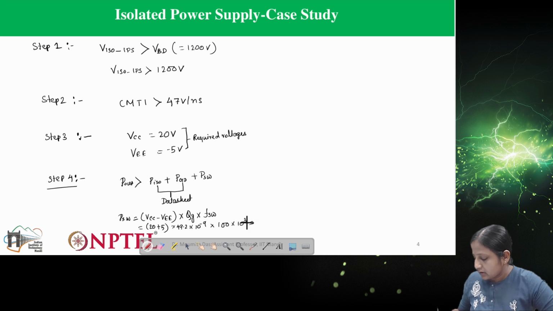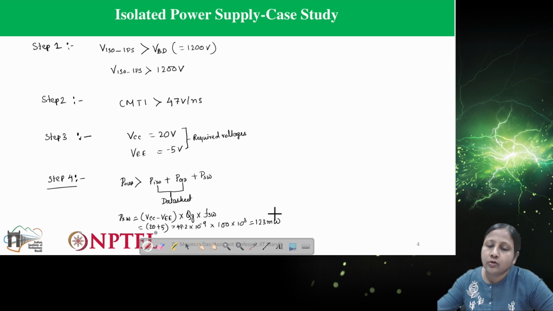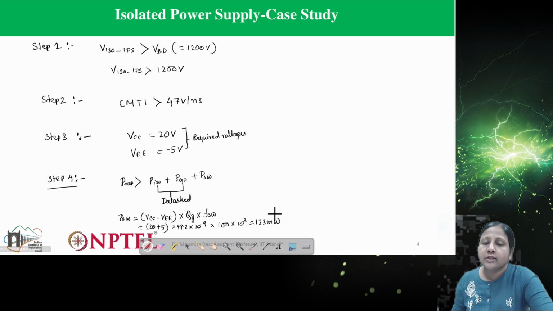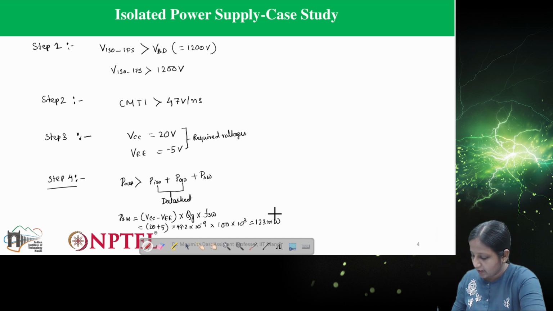If we calculate this loss, we get around 123 milliwatt. The remaining losses can be selected from the data sheet. Once we have all the losses, we can find out the value of P output, and based on that we can select.